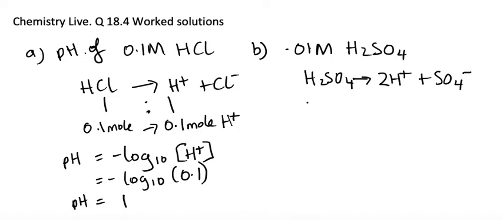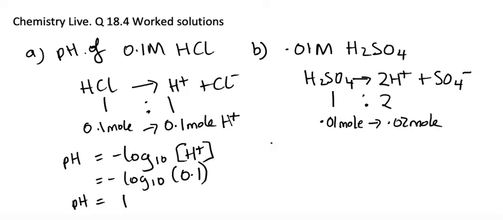So you will get 2 H+ and you get an SO4 2-. This is like the second example I did the other night. So for every 1 mole of H2SO4, you can expect to get 2 moles of H+. And if we're given 0.01 moles per litre in the question, we can expect then to get 0.02 moles of our H+.